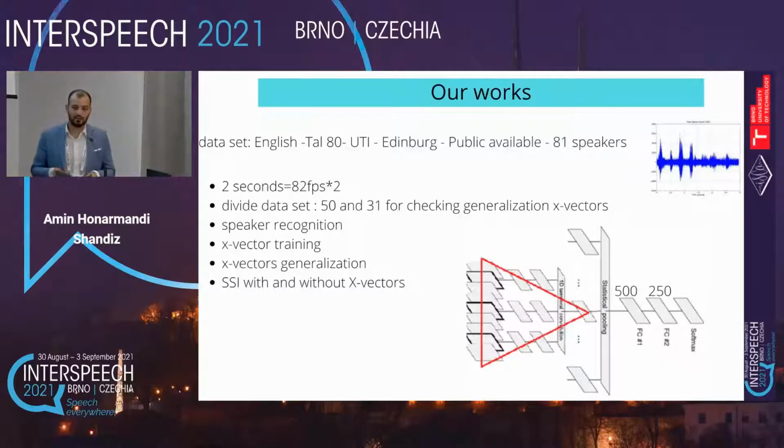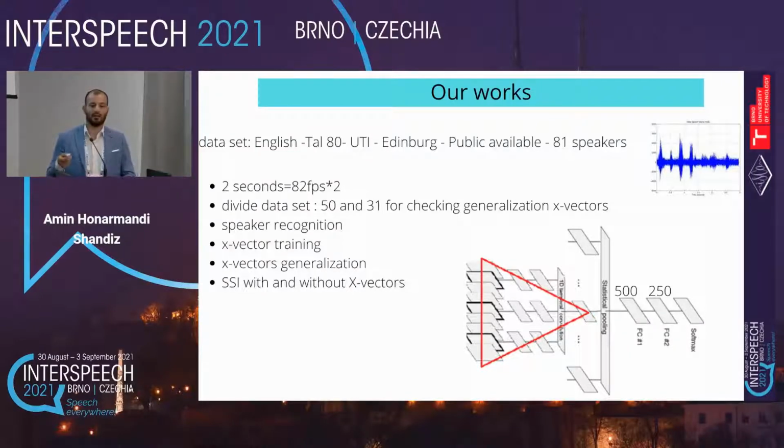So in our work for synthesizing speech and generalizing to unseen speakers, we used the TIL80 dataset, which is from the University of Edinburgh. There are 81 speakers there, and it's publicly accessible. And there is another, TIL-1, which is language dependent for one person.